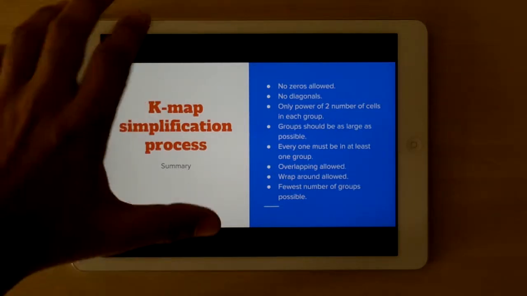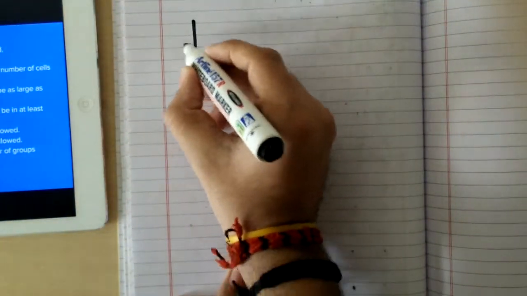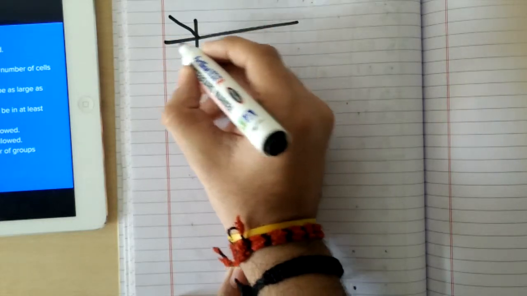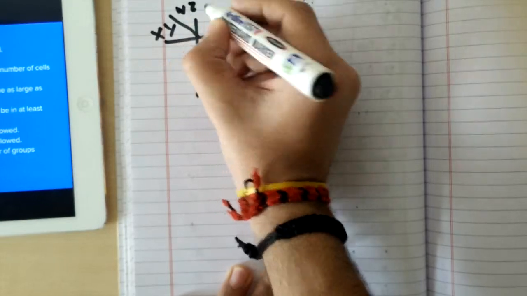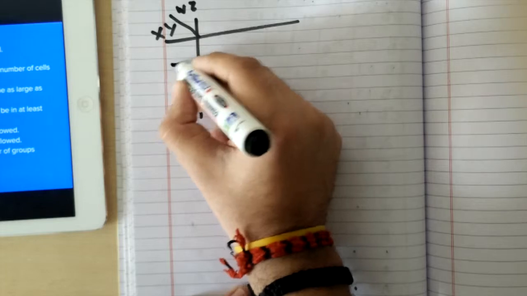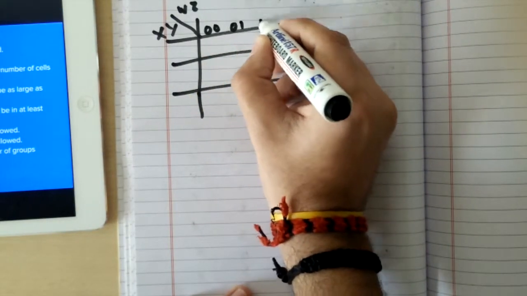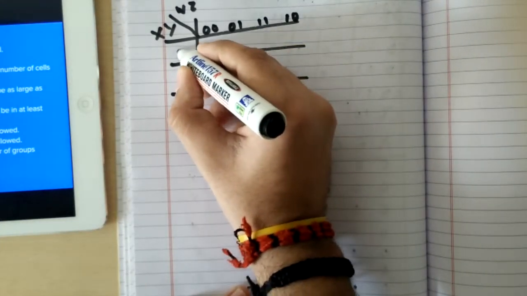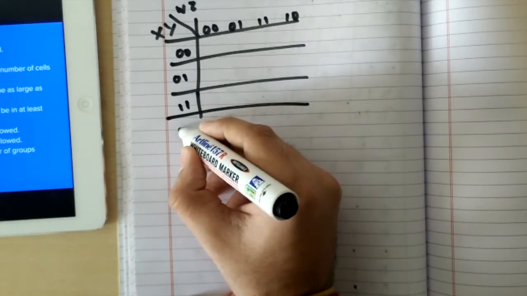All right, I'll just show you once again how that looked. So this is your K-map, with variables x, y, w, z. That's how it went: 0 0, 0 1, 1 1, 1 0, and the same down the side.